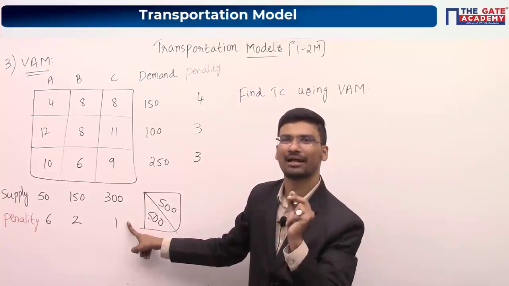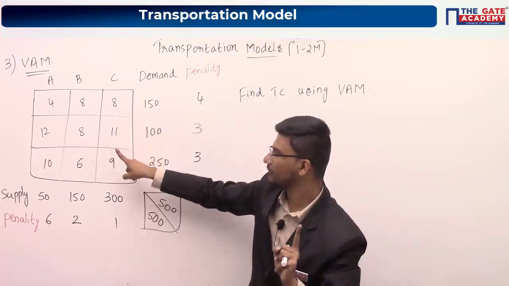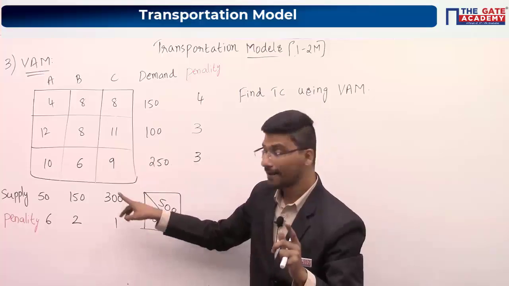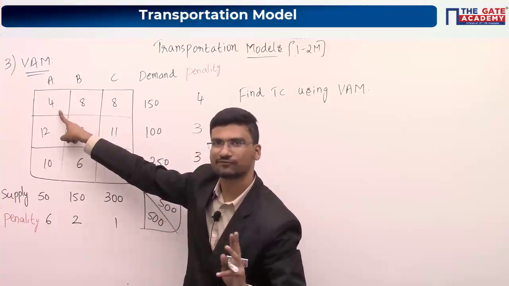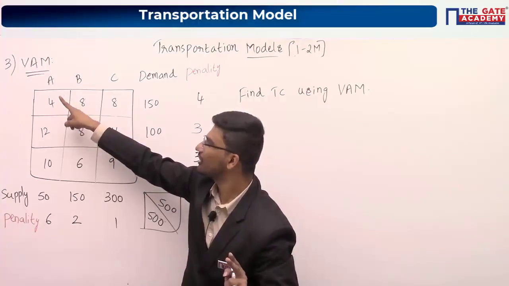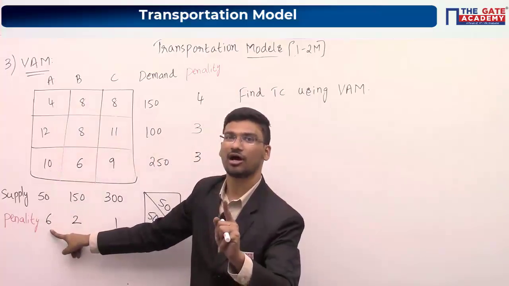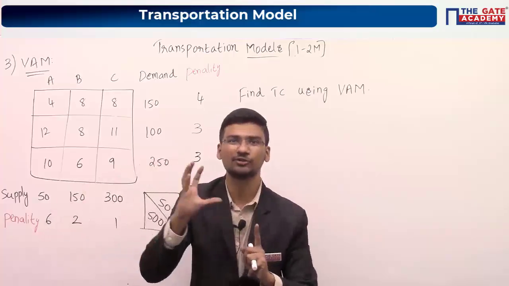If you are not allocating here and if you are allocating here, you just have to pay a penalty of rupees 1. But in this particular column, what is the minimum cost? Which is 4. Ideally speaking, you have to allocate here. Let us say, instead of allocating here, if you are allocating here, you have to bear a penalty of 6 rupees per unit, which is a very huge amount.